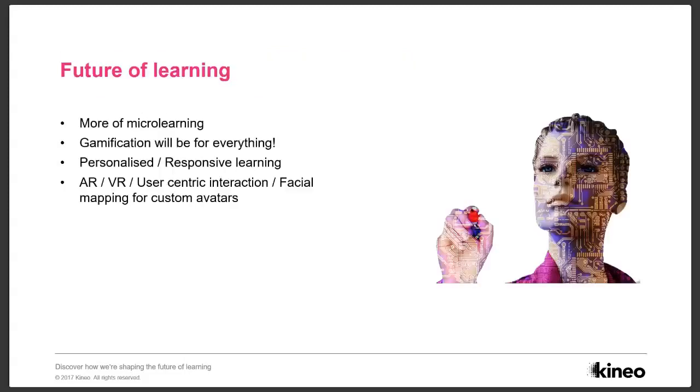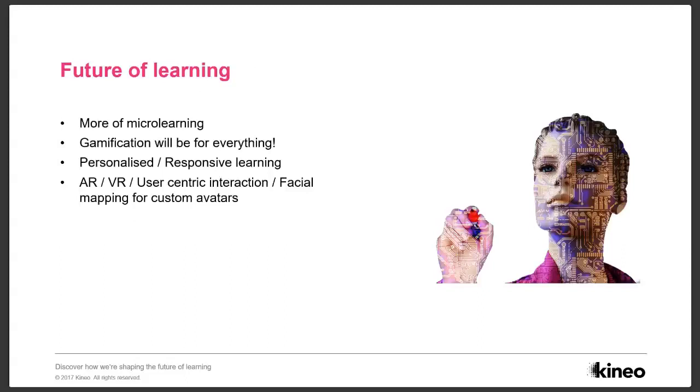We can say that the future of learning is more and more micro learning and bite-sized learning being introduced to the e-learning industry. Gamification is added to e-learning courses so that users have more interaction. They could see leaderboards, they could score, and they would be able to share what others are learning within their organization.